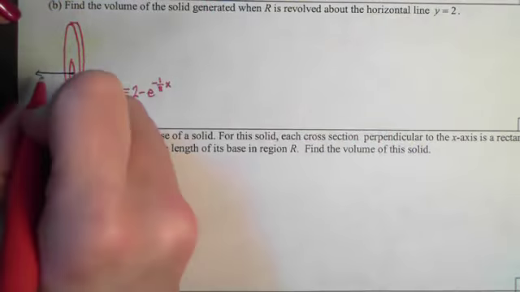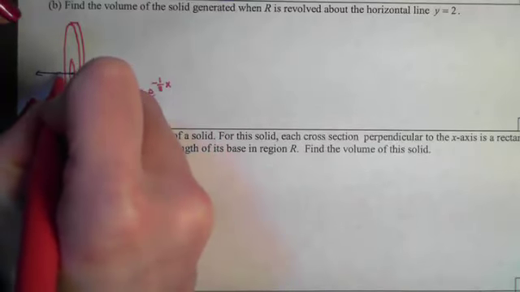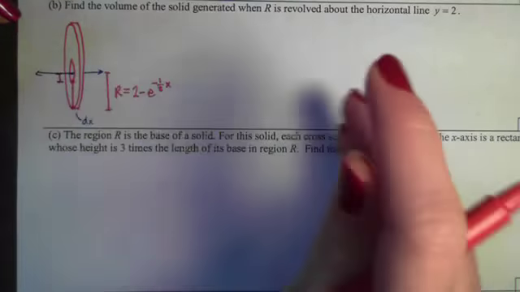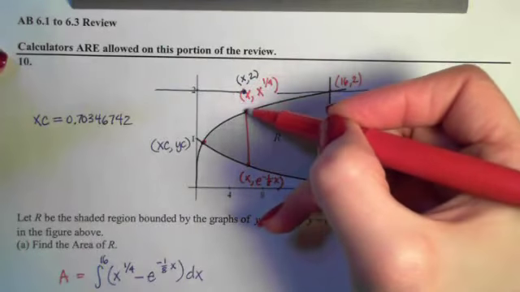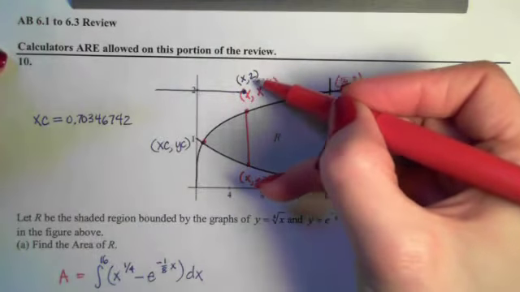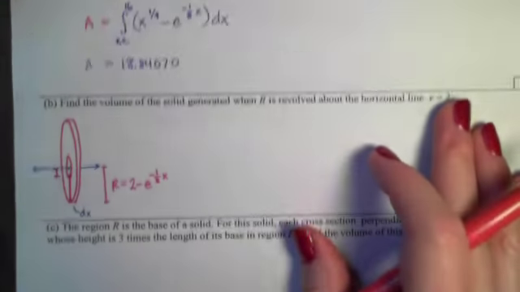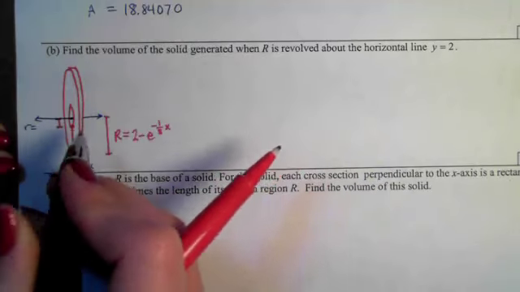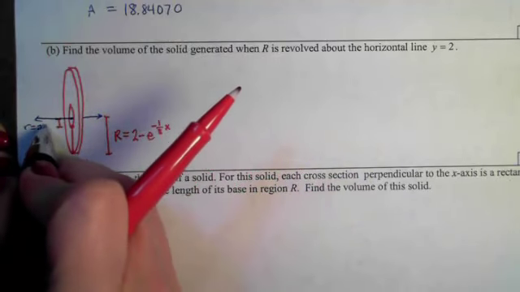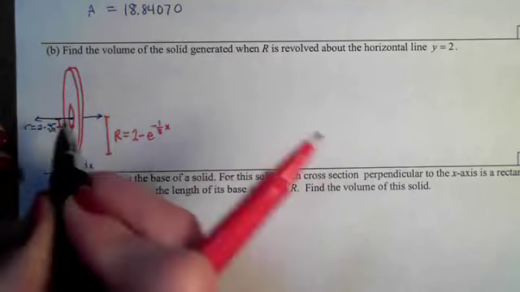And then my little radius, this distance, is going to be from the blue y coordinate to this y coordinate. So that's going to be 2 minus the 4th root of x. So down here I can write that my little radius is 2 minus that 4th root of x.